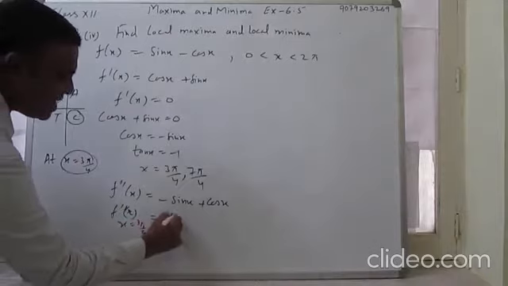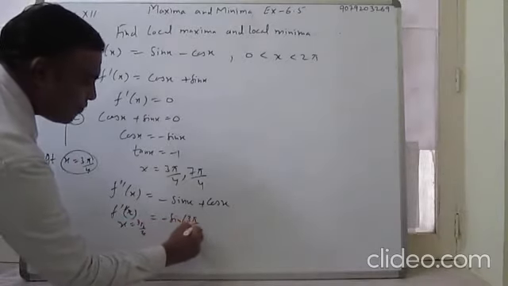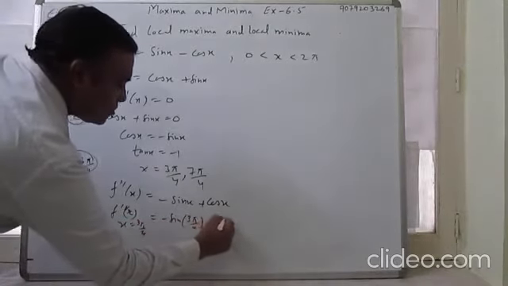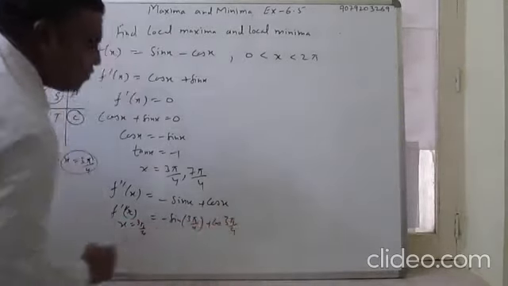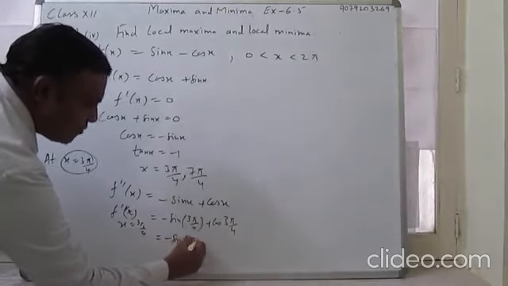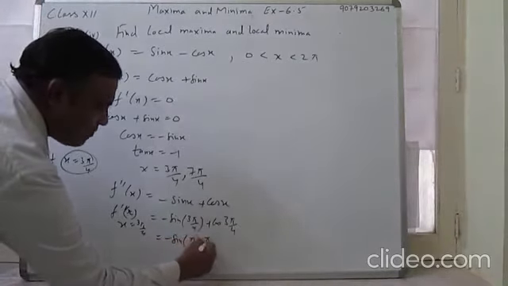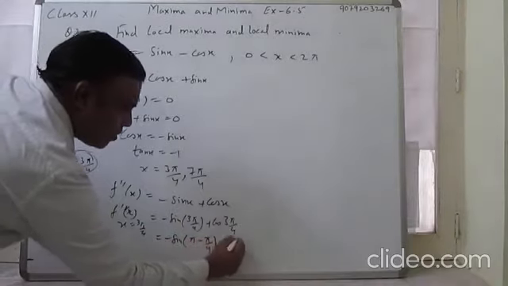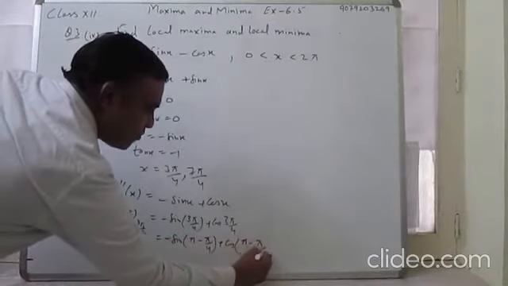So minus sin 3 pi by 4 plus cos 3 pi by 4. Here you see that for minus sin 3 pi by 4 we can write pi minus pi by 4, plus cos of pi minus pi by 4.